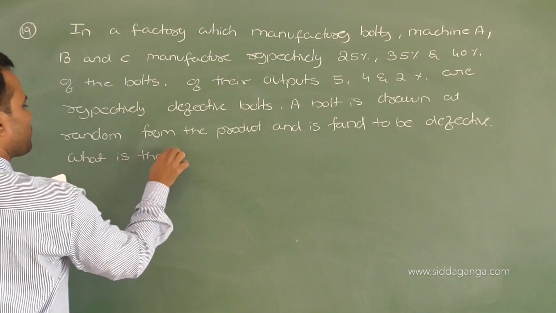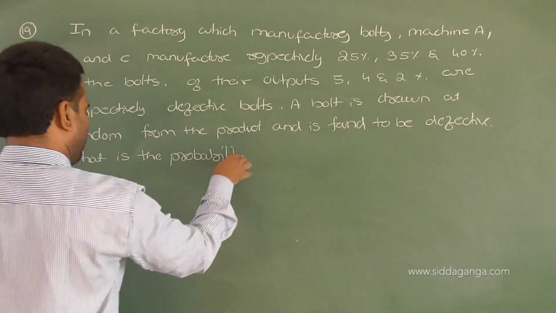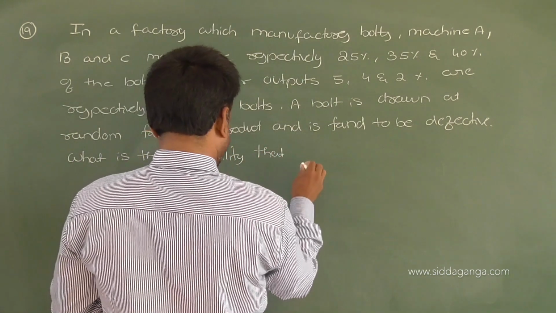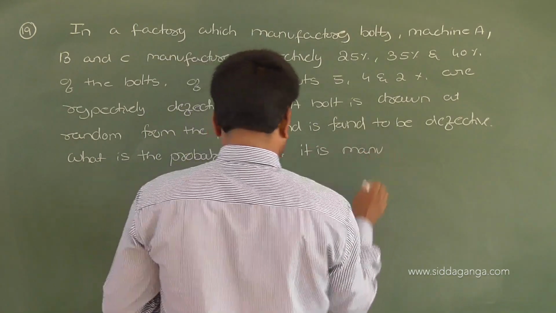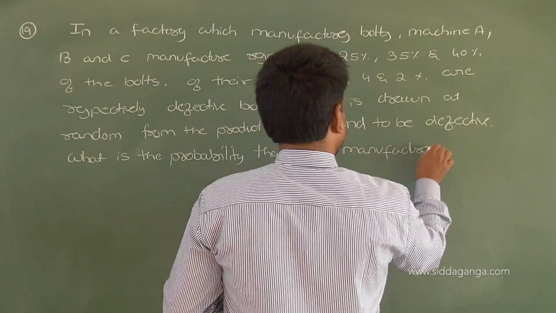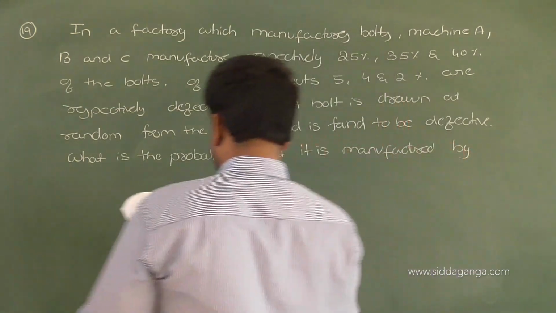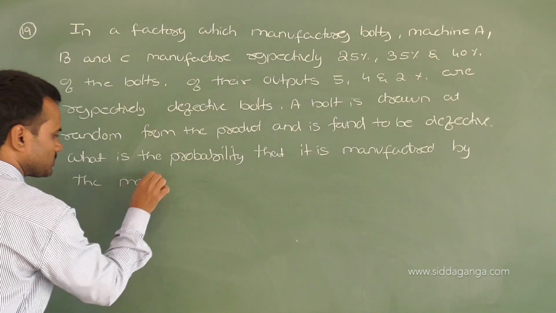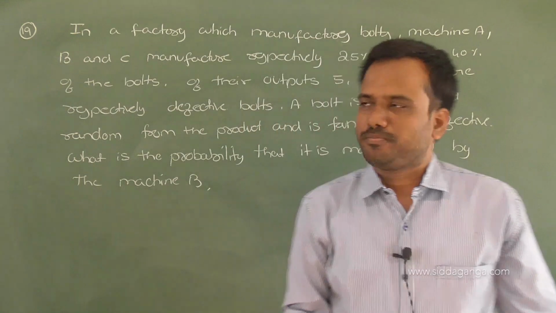What is the probability that it is manufactured by machine A, by machine B? Manufactured by machine B.